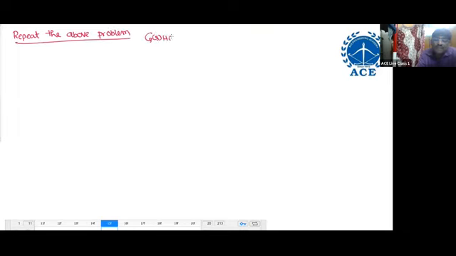For G(s)H(s) equal to K into (s plus 10) by s square into (s plus 1). Come on, do it.